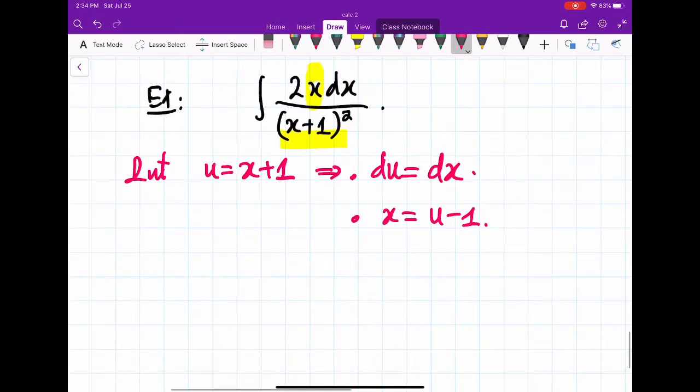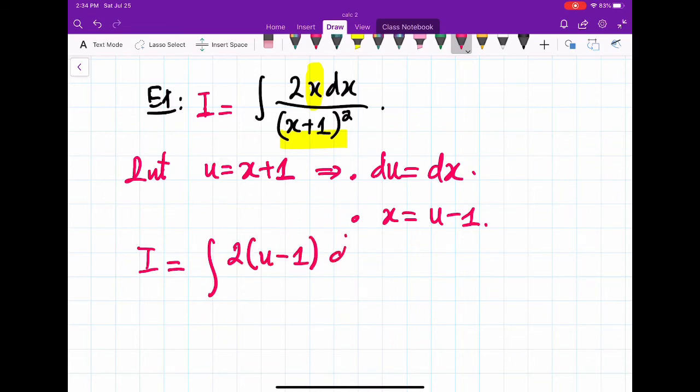So let me denote this by I. I have I equal to the integral of 2 times (u minus 1), dx is du, and then u squared. I'm sorry, here we should not have dx. We should have du.